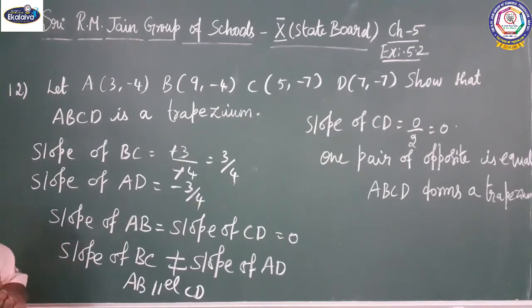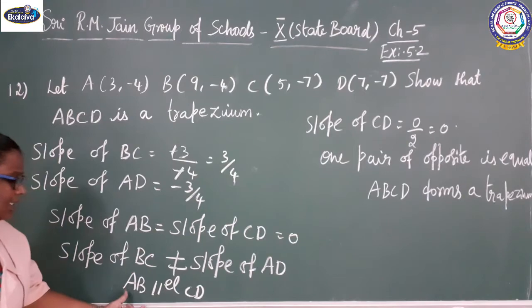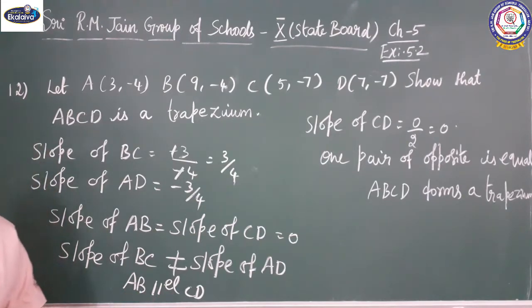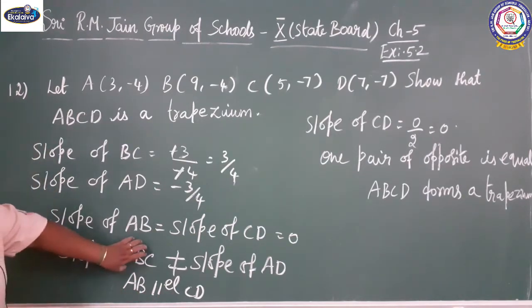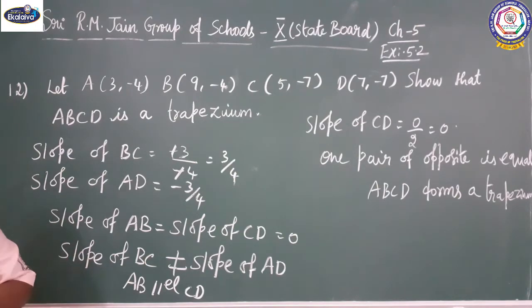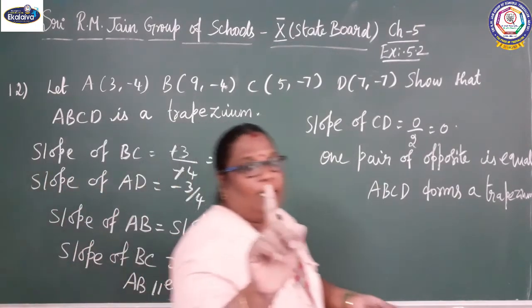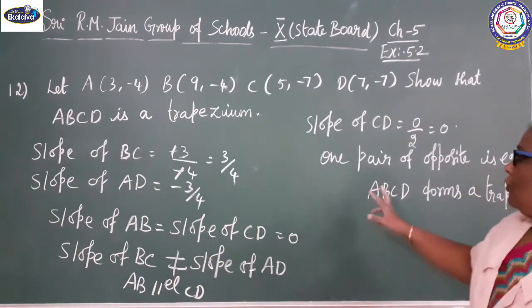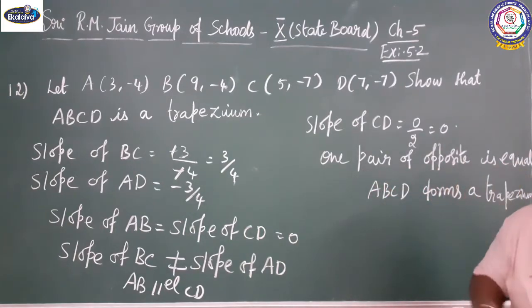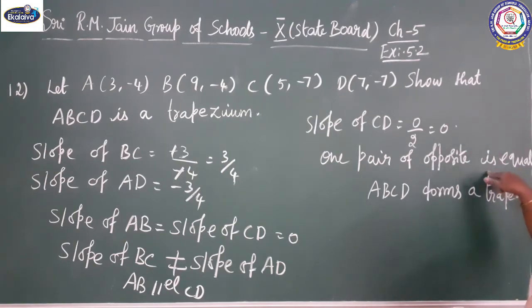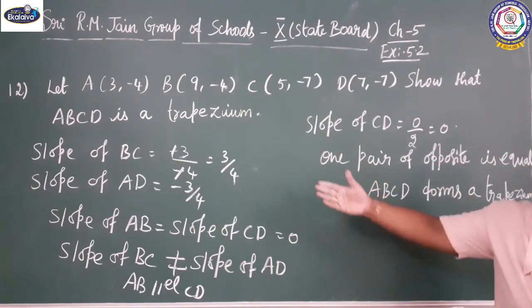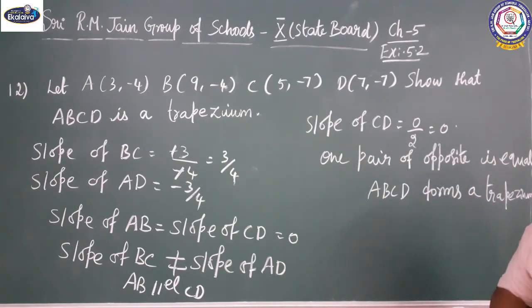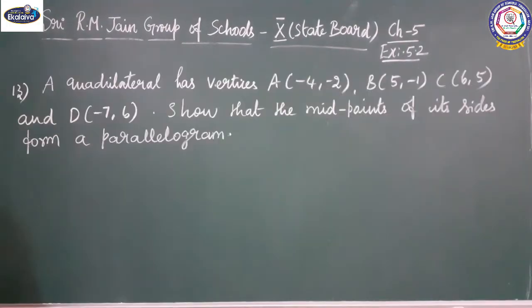If the slopes are equal, then it is parallel. But this side is a non-parallel side. Only one pair of sides is parallel. So therefore one pair of opposite sides are parallel, the slopes are equal. So ABCD forms a trapezium.